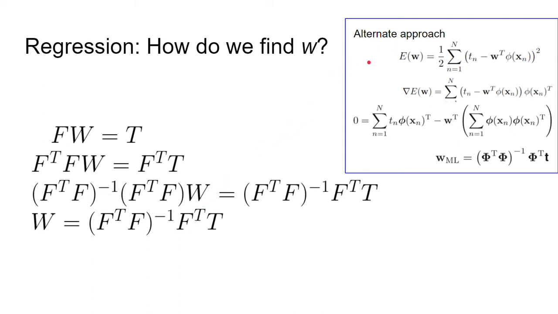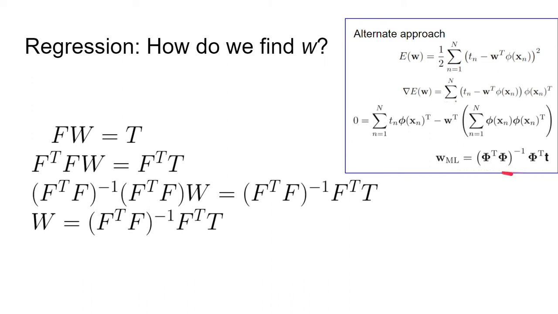The correct way to think about what we're doing is that you want to minimize the mean squared error between what happens when you do this math. When you do F times W, you want to minimize the difference between F times W and T. And then you take the derivative of this thing and set the derivative equal to 0, and that gives you your weights.